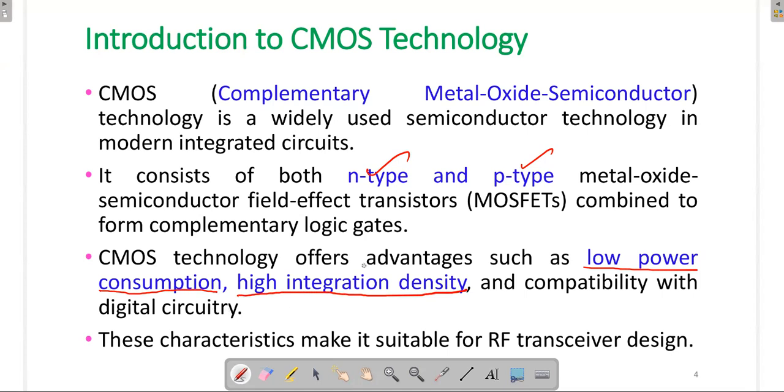That means in a given space we can integrate more CMOS devices as compared to other technology. It also has compatibility with digital circuitry. So these characteristics make CMOS technology suitable for RF transceivers.